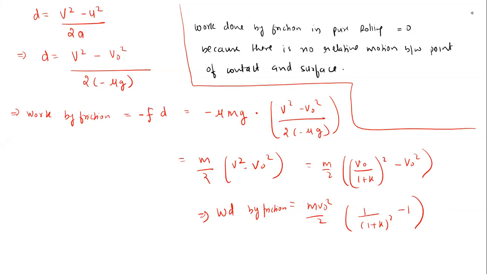Means if there is no air resistance and no other factors, and you simply roll the body, with only friction on the surface, you will find that the body will keep on rolling for infinite time because there is no loss of energy. When pure rolling is there, there is no work done by the friction force, so there is no loss of energy.